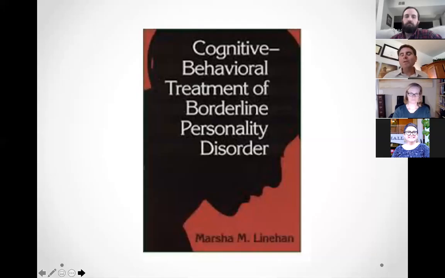So why do you think she's not just calling it DBT? Why is she calling it basically CBT for borderline? Does anyone have a thought on that? Our field is pretty rigid with bringing in new ideas, and so I'm guessing she wanted to latch on to an existing, widely accepted therapy to try to get some traction.